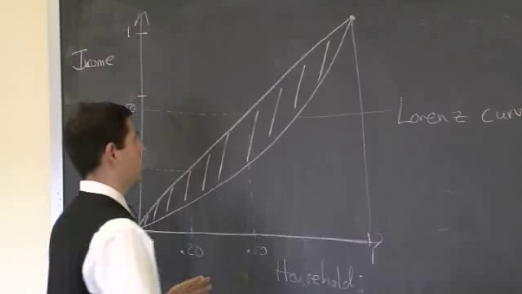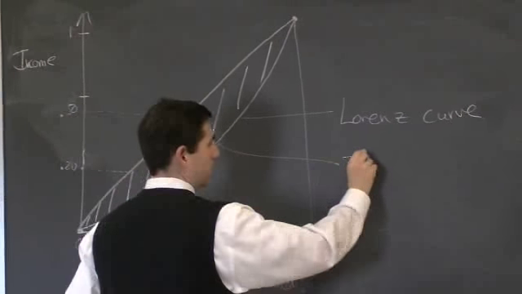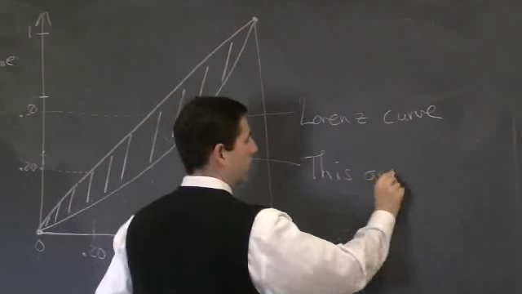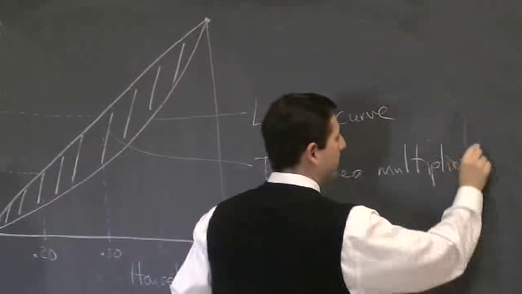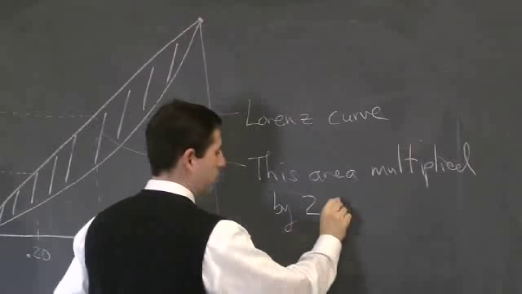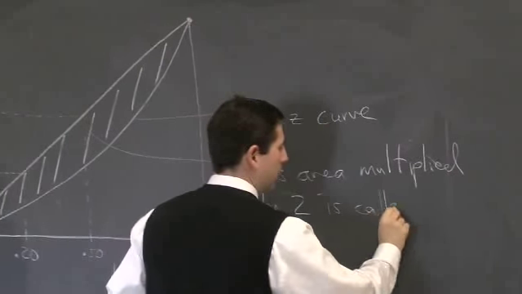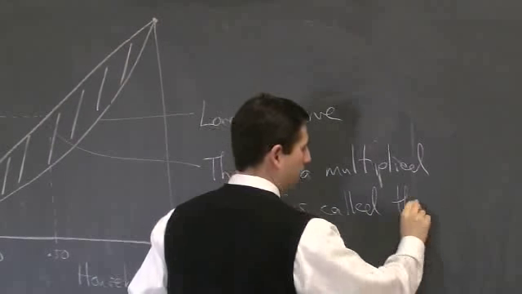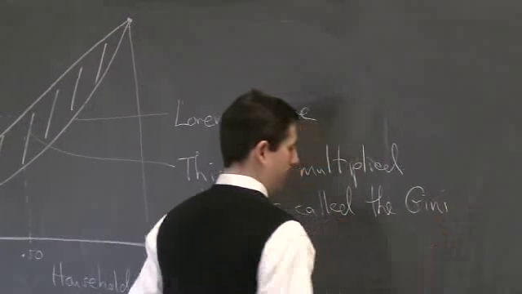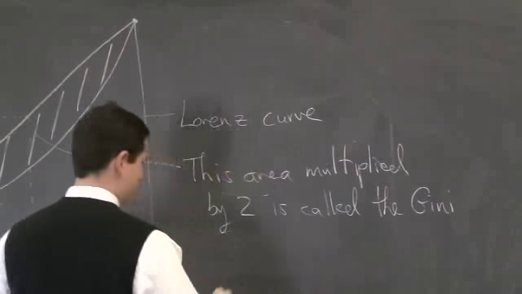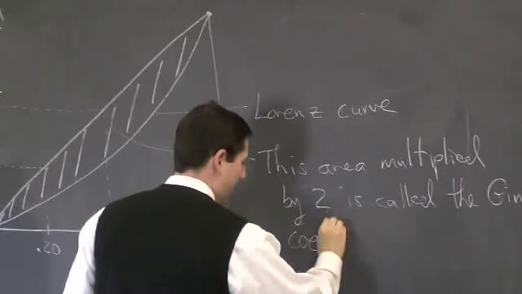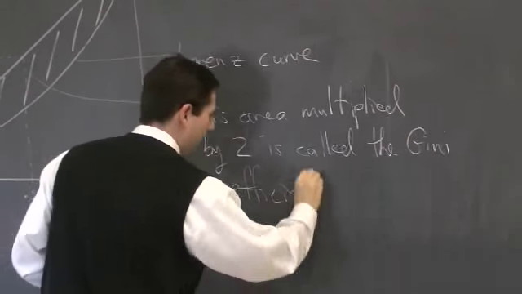So whatever this area is, multiplied by 2 is called the Gini. I would say Gini, but I'm not sure, I've only read about these things.